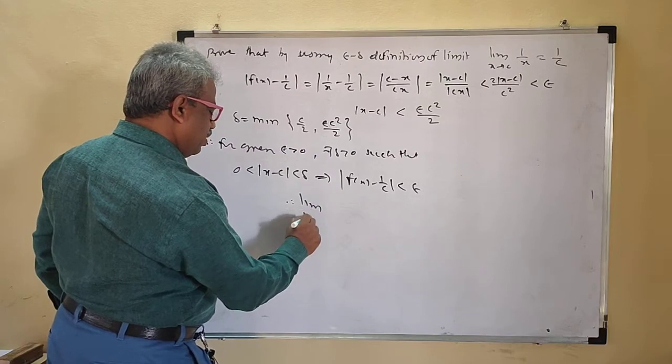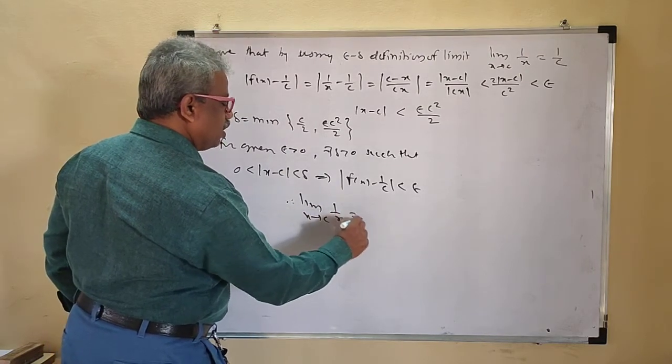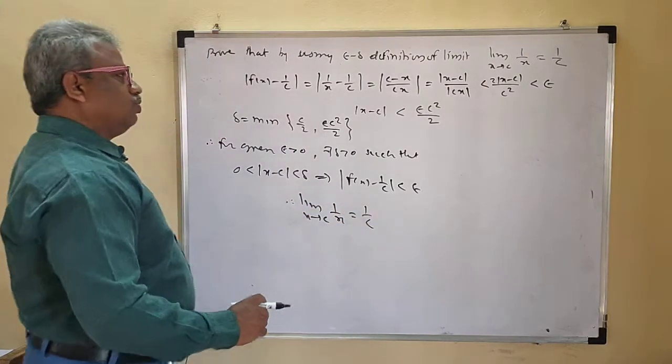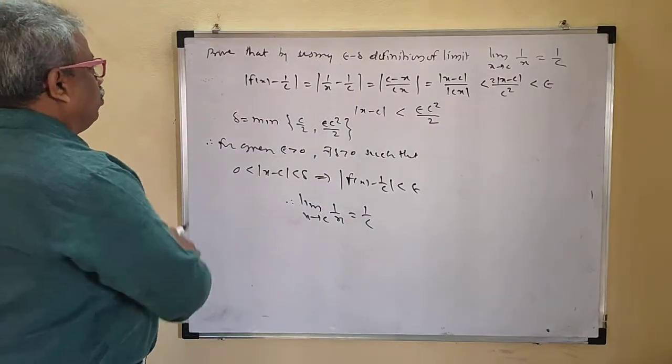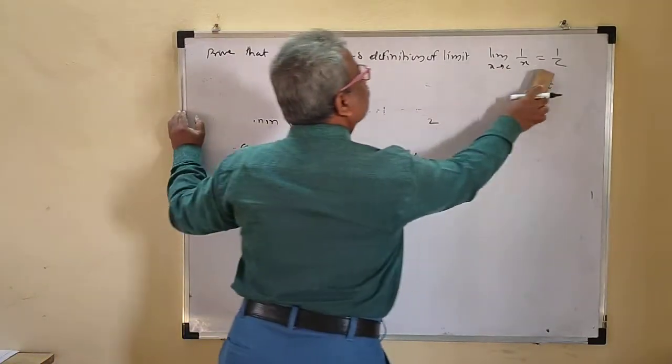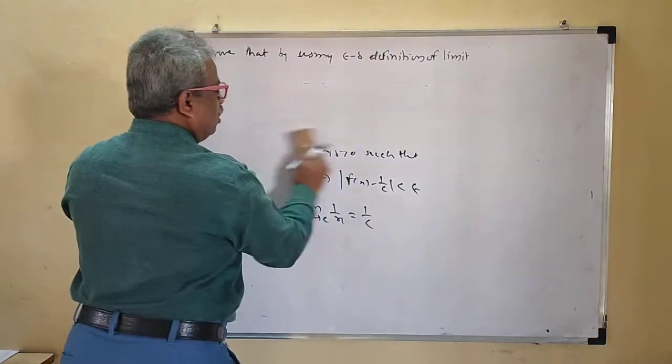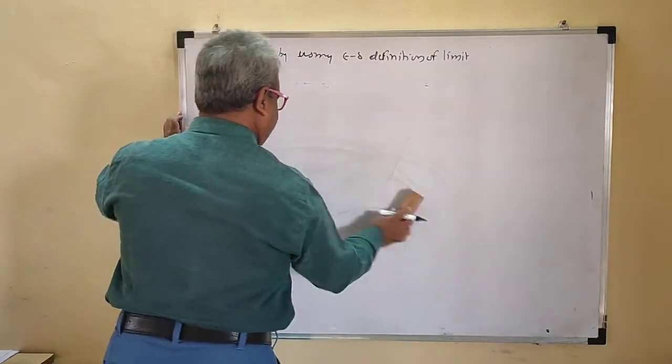So therefore limit x tends to c, f of x, that is 1 upon x, is 1 upon c. So it is over now. Okay, we'll take the next problem.